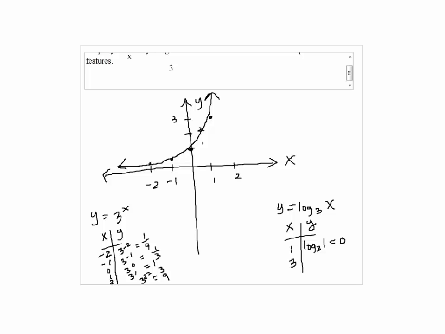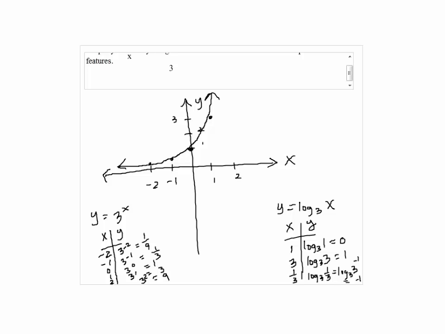So y equals 0. And if x equals 3, then log base 3 of 3 will be 1. And when x equals 1/3, then log base 3 of 1/3 will be log base 3 of 3 to the negative 1, so it will be negative 1.